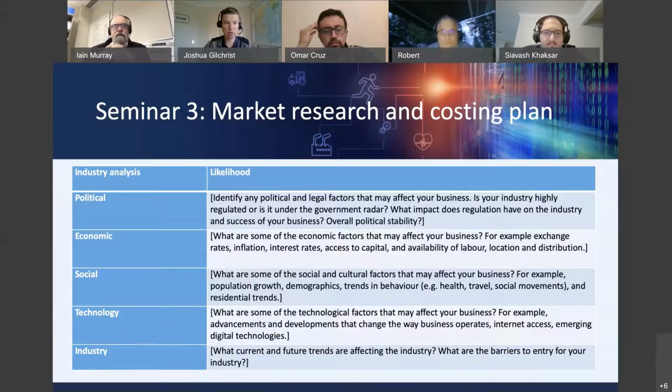Economic factors, exchange rates, rates of inflation, current interest rates, those sort of things, fairly straightforward. What are the economic environments that you're moving into? And again, that can be quite complex if you're aiming at a global market. And nowadays, with the internet, everyone should really be aiming for a global market because there's no real barriers to selling anywhere in the world.